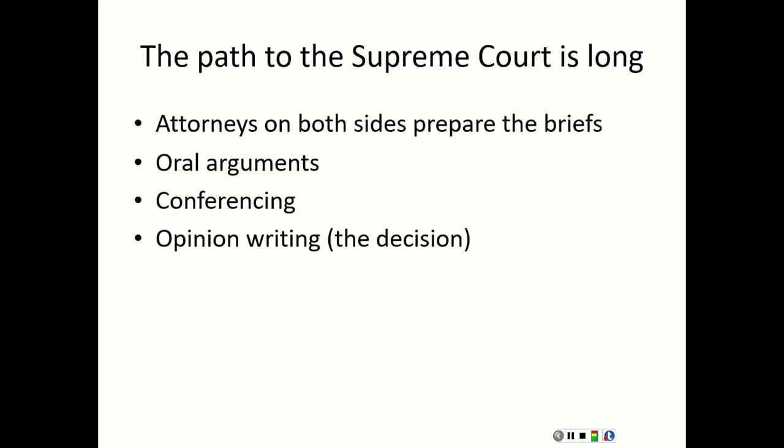Now, in a majority opinion, only one, but we can have something called a concurring opinion. In a concurring opinion, one judge or two judges might say, yes, I agree with the majority.